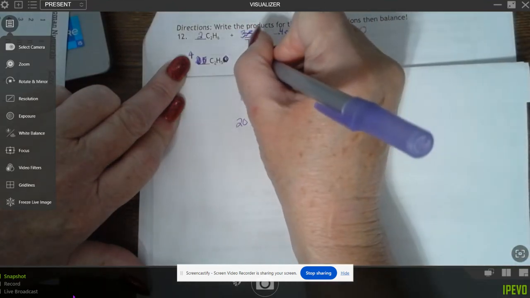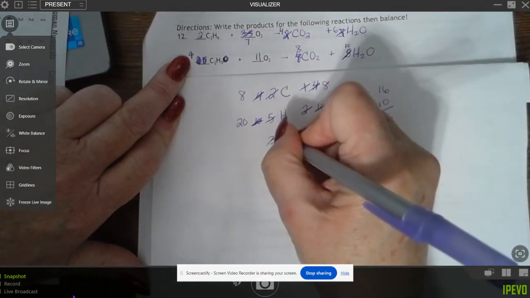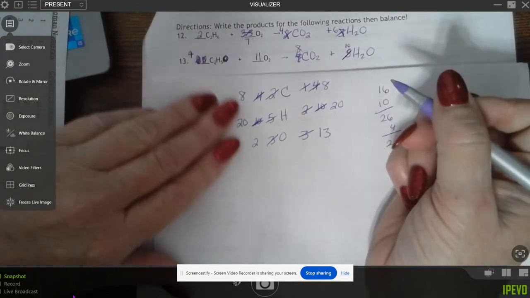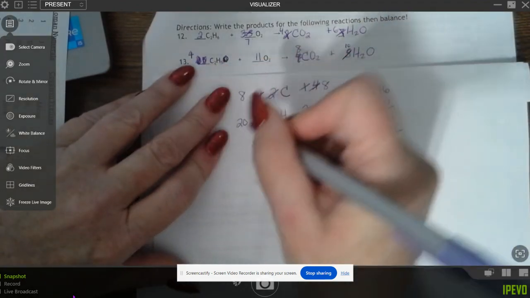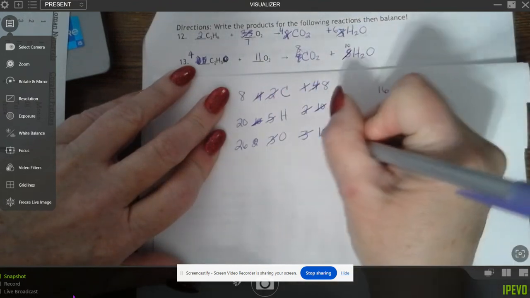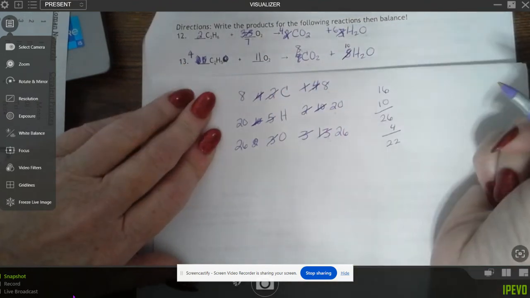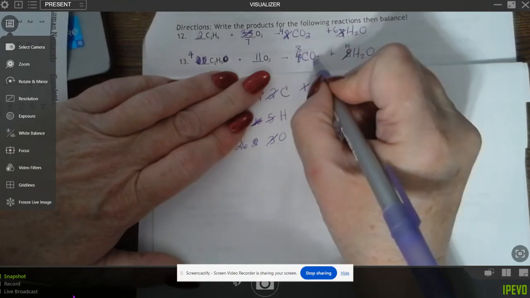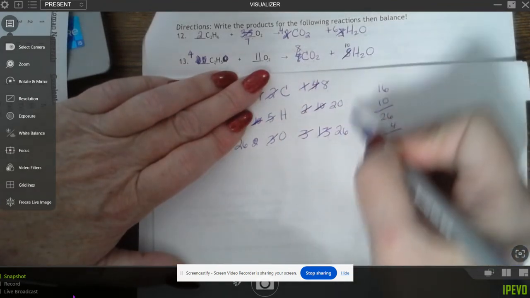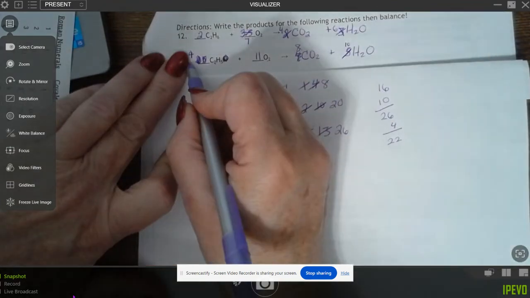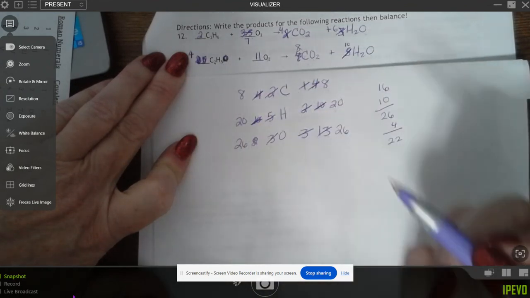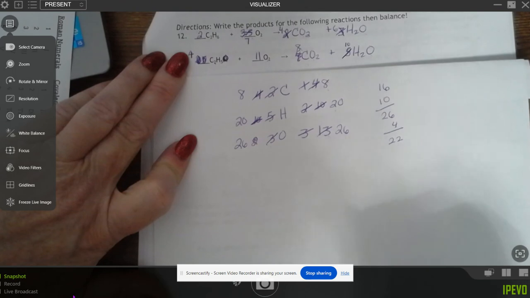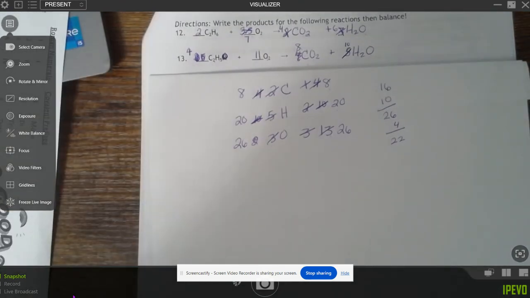If I put an 11 there, does that work? 22 plus 4 is 26. And over here I have 26. Let's double check. 8 times 2 is 16, plus 10 is 26. 4 times 1 is 4, plus 22 is 26. So I think that one is balanced.